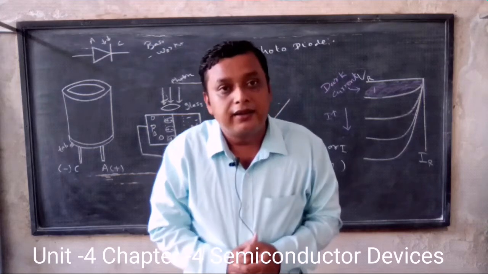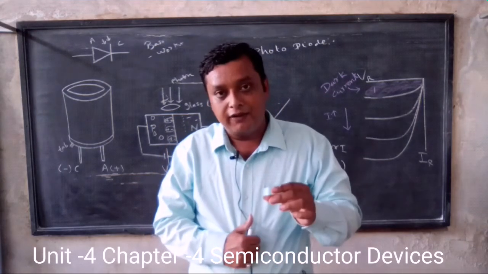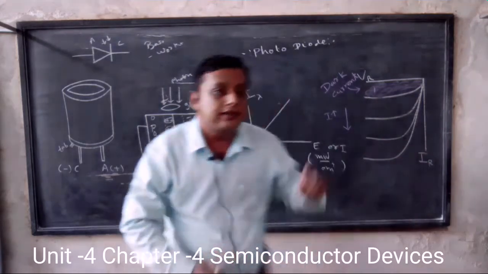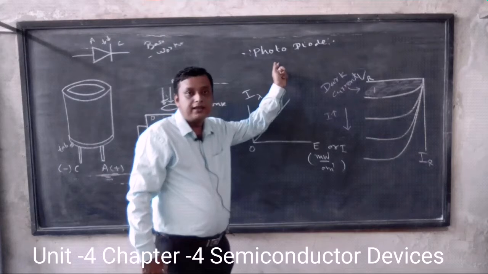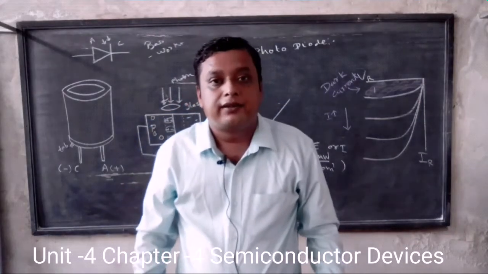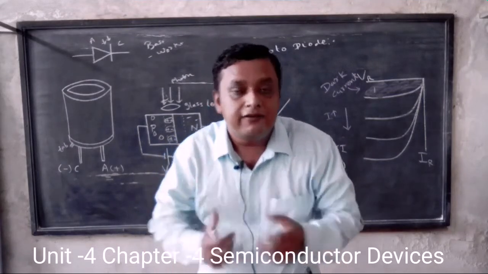As we noted earlier, an LED is always operated under forward bias, but this photodiode is always operated under reverse bias. How would we connect the photodiode under reverse bias?